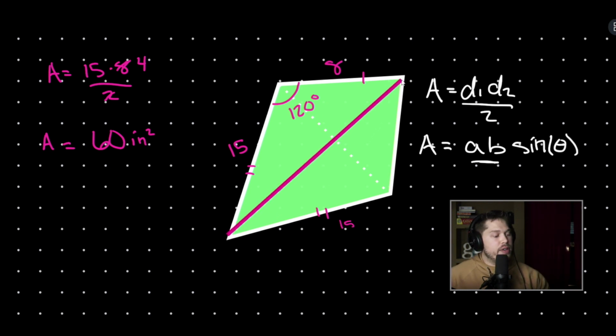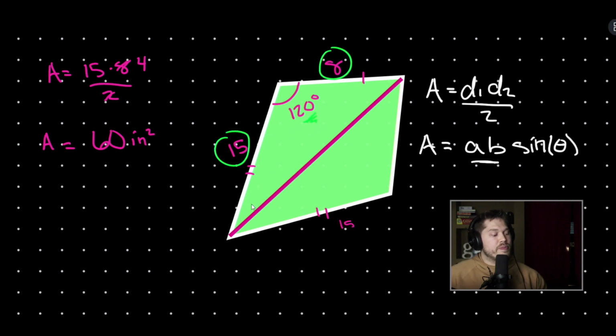Here, this diagonal divides our shape into two congruent triangles, whereas the other diagonal, this one here, divides our shape into two triangles, but these triangles are not congruent.